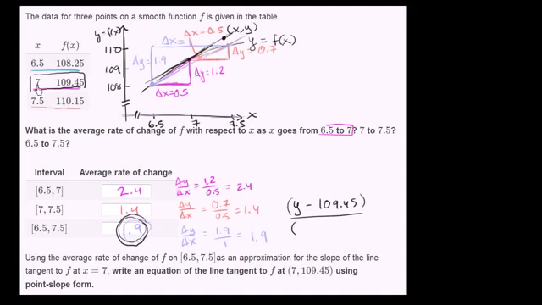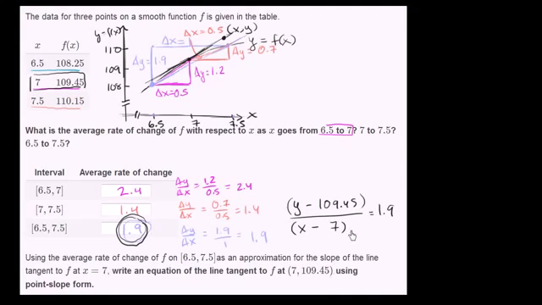We know that when x is equal to 7, f of x is 109.45. So we're referencing the same point. Our change in x is x minus 7, our change in y is y minus 109.45. And this is always going to be constant for any x, y that I pick on this line. And we're using this as an approximation for what that's going to be. That's going to be equal to 1.9.